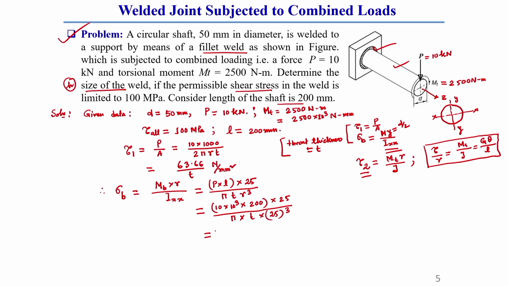So, this will give us a value of 1018.59 divided by T, its unit also Newton per millimeter square.